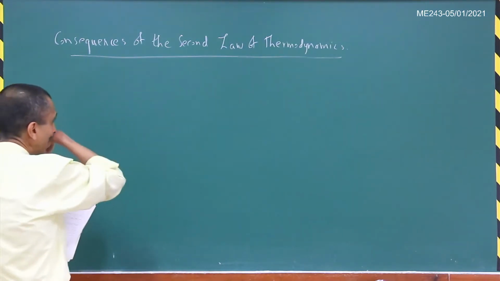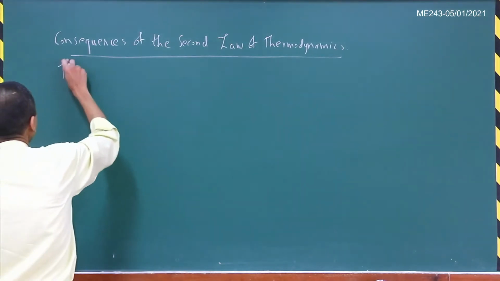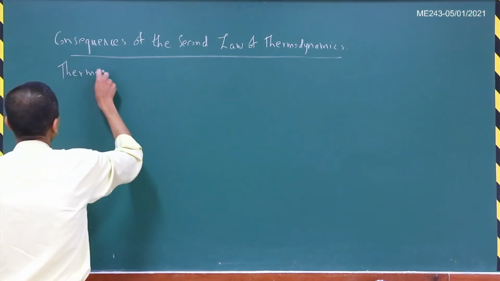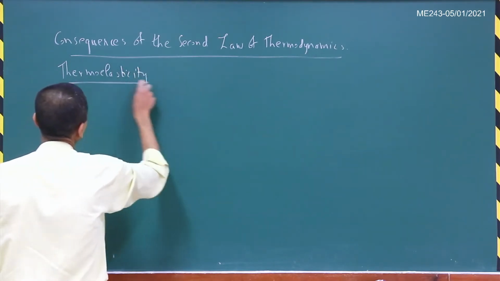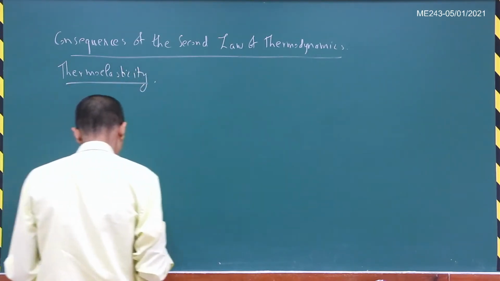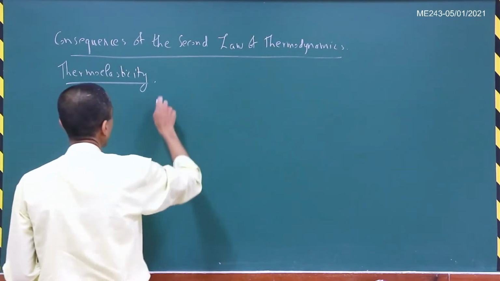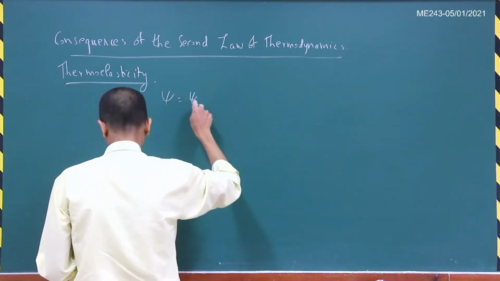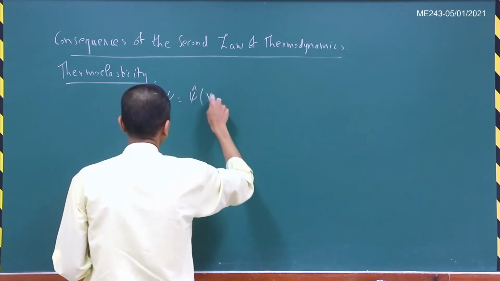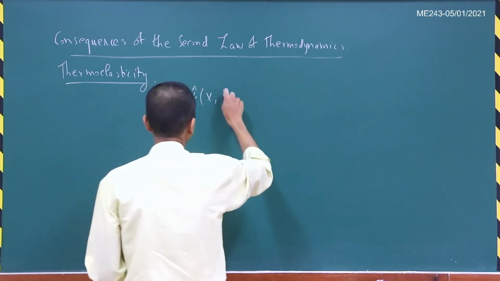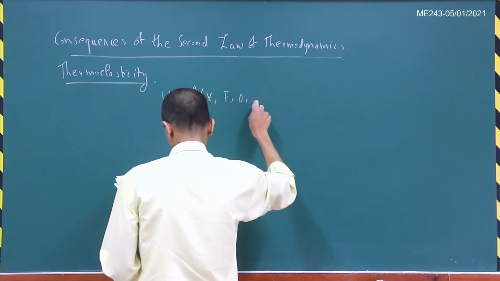So let's start with thermoelasticity first. For this, the constitutive relation is given by xi is equal to xi hat of x comma F comma theta comma g naught.